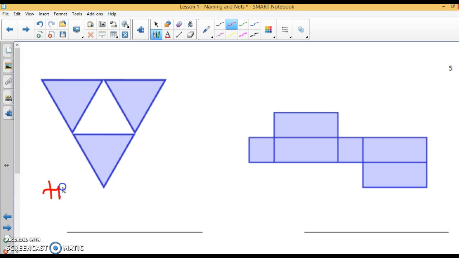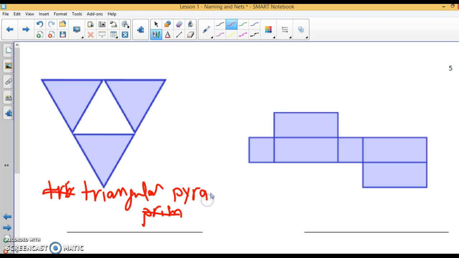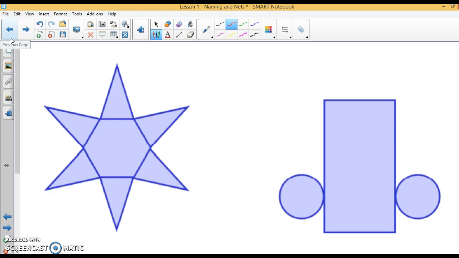This is a triangular pyramid, not prism, pyramid, because it's only got one base. If I fold this up, I will have a rectangular prism. Here we go. 1, 2, 3, 4, 5, 6.